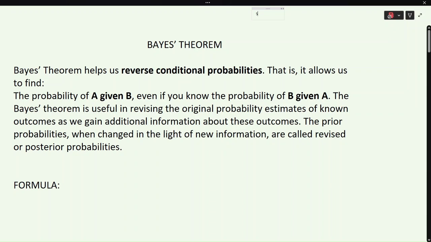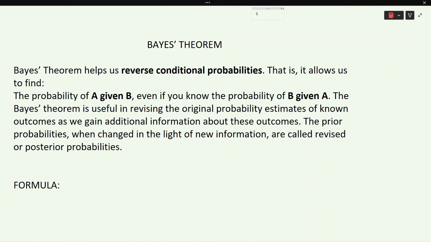Bayes' theorem. We have already done conditional probability, where one event gives information about the occurrence of the other. Now, Bayes' theorem helps us to reverse conditional probability.